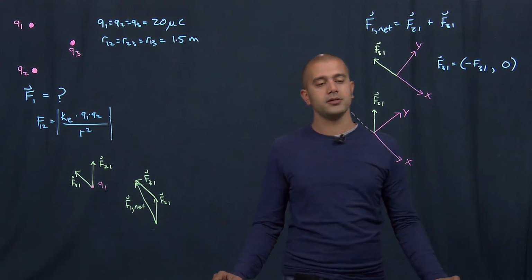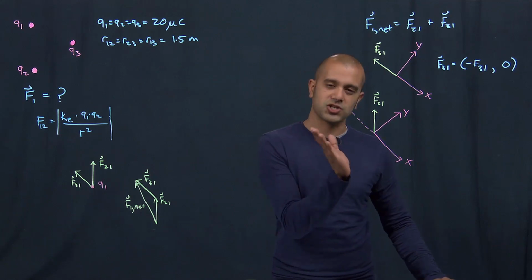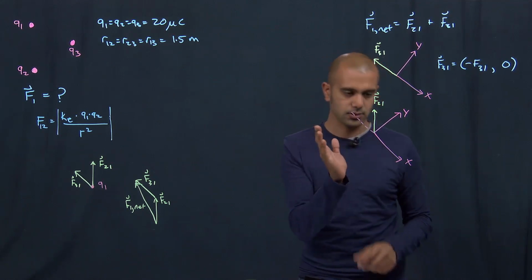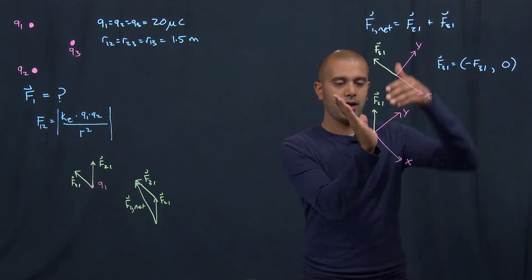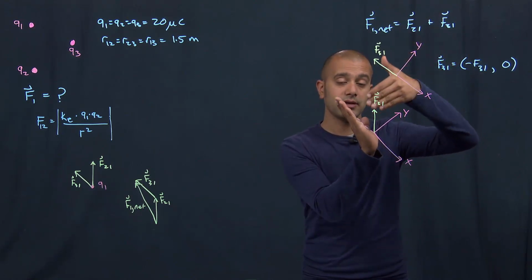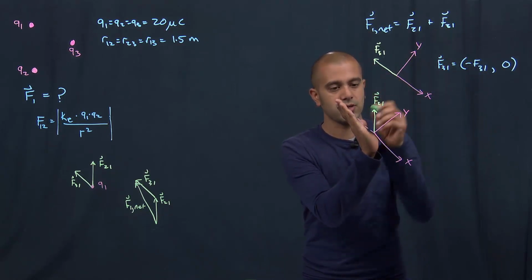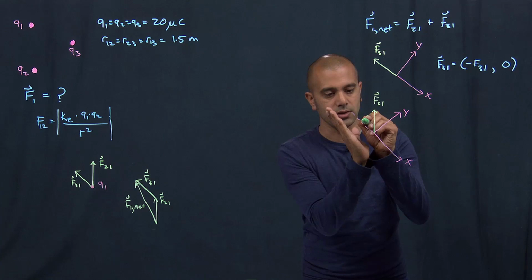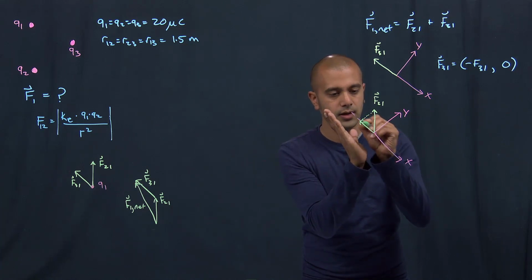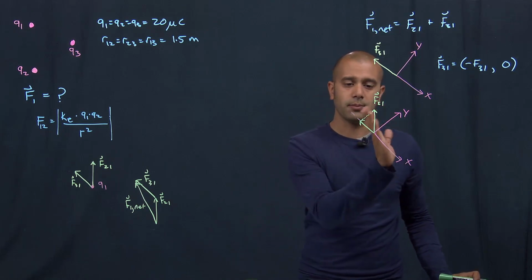The way to find components is to imagine that you have a light and a shadow being cast upon one of the axes. So let me just do the x-axis first. And imagine the light is coming perpendicular to the axis. Whatever the shadow is, the length of the shadow is that component in that direction. So if the light's coming like this, your shadow will extend down like this, and it'll be this long. And that is the projection of F21 upon the x-axis.